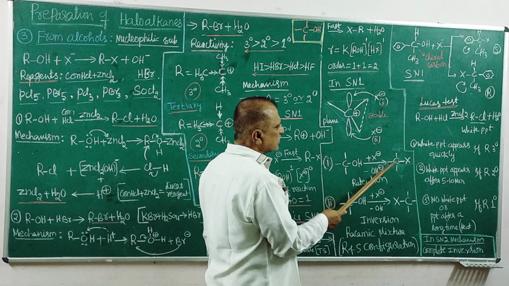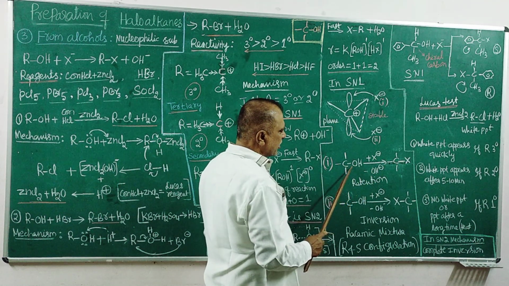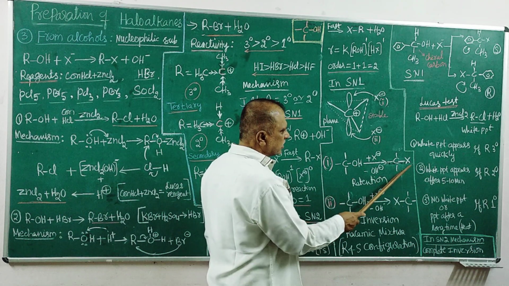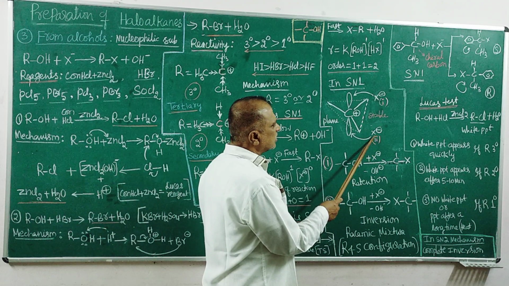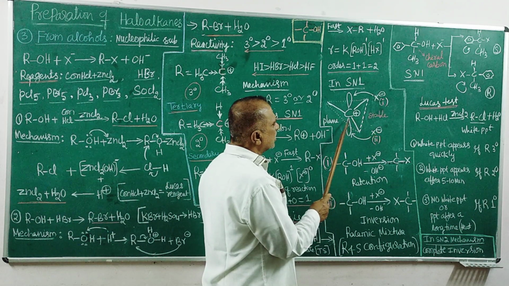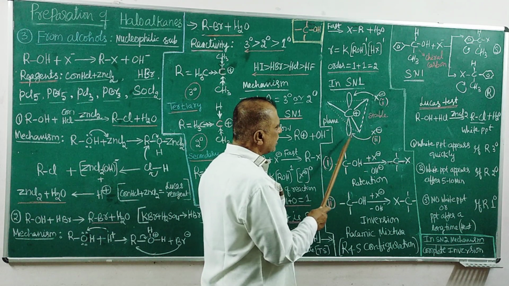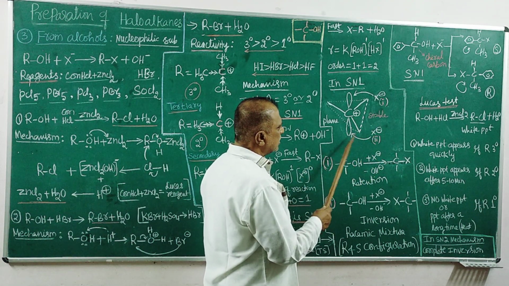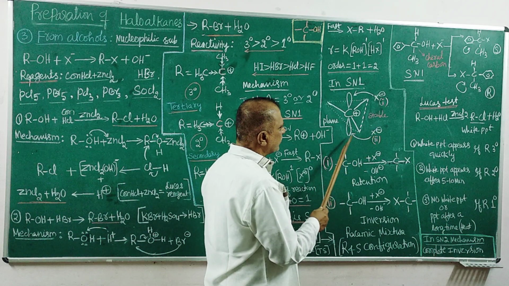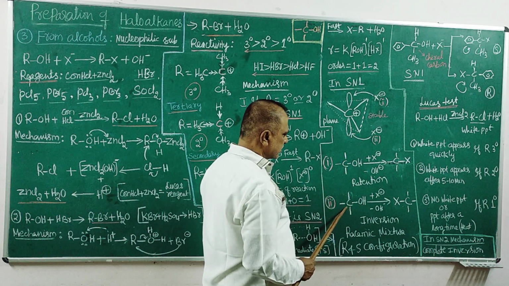If it is formed this way, you get this configuration: the same configuration, OH on the same side, X on the same side. If the X minus attacks the orbital from below, it is inverted. If it is attacked from the other side, we get this configuration.